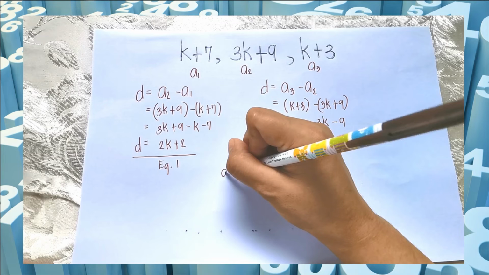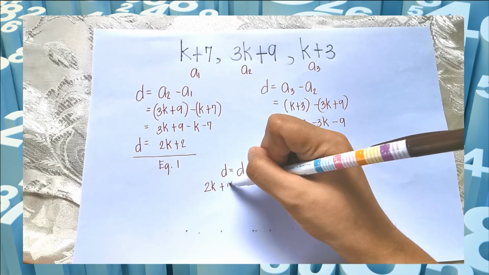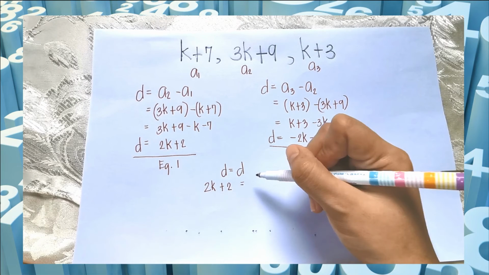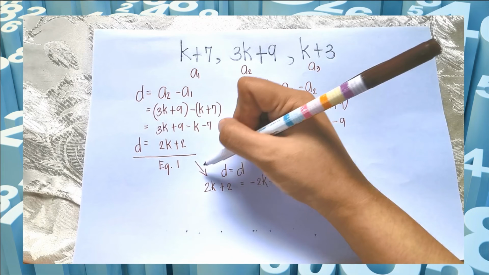Now that we have two values for the common difference, we can equate both equations. Equation 1 equals equation 2, or d equals d. We have 2k plus 2 equals negative 2k minus 6.